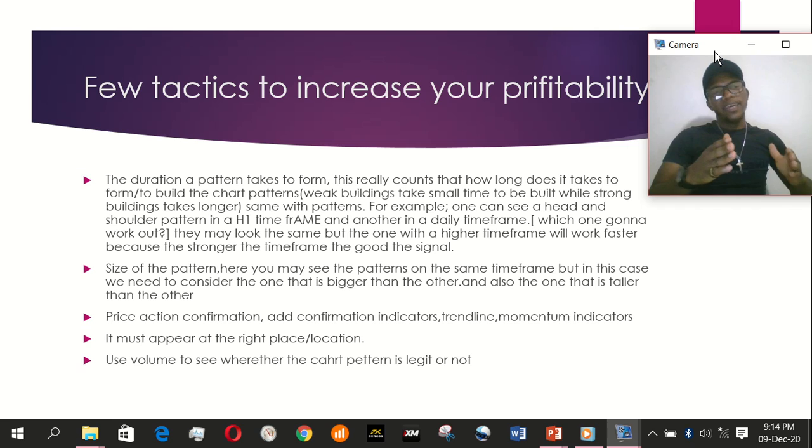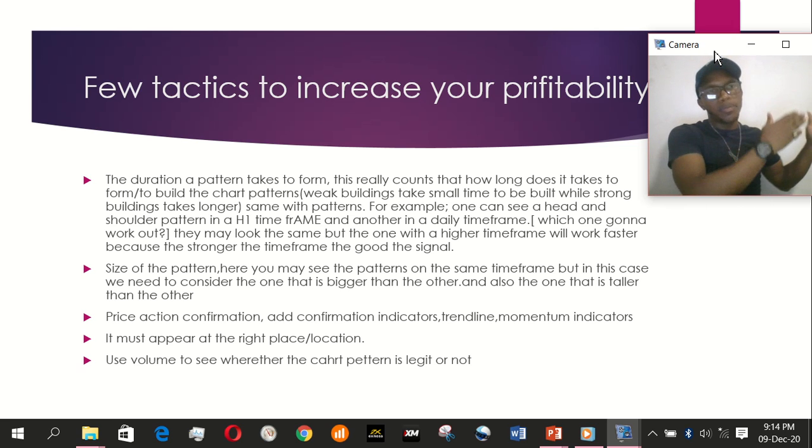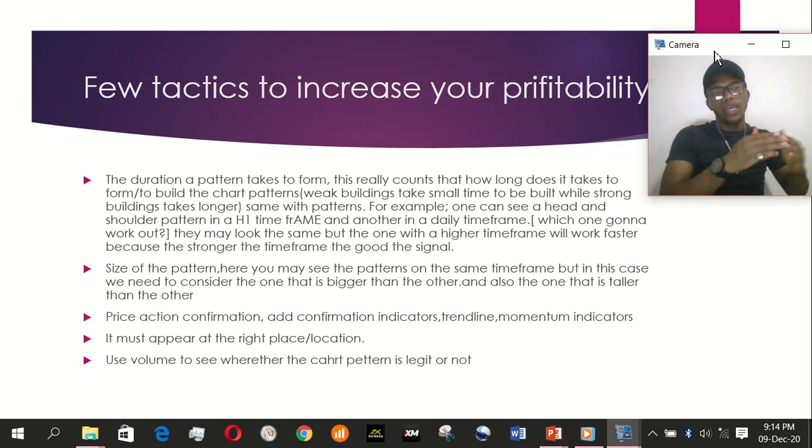You may find that the whole pair, for instance GBP JPY, these days is bullish. You find that from the monthly, weekly, daily, 4 hour, 1 hour, 30 minutes time frame, the market is bullish. So if you are able to detect that on time, you will be in a good position to start along with the trend before the market rockets up.